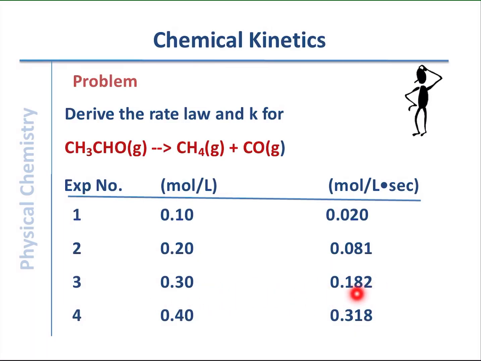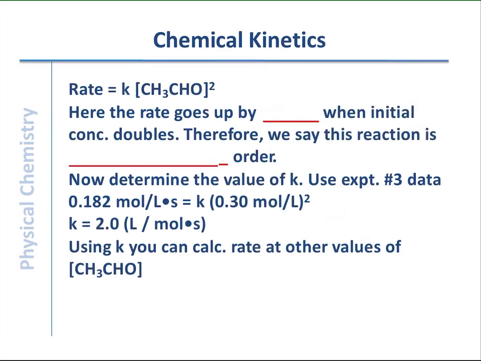You know that this reaction is second order because when the concentration was doubled, the reaction rate increased 4 times. So here you can determine the value of K, the rate constant. You know the reaction rate, you know the concentration, and you know that the reaction is second order.